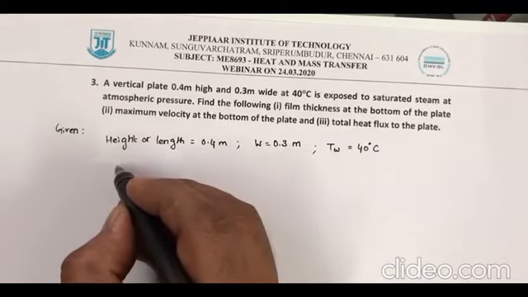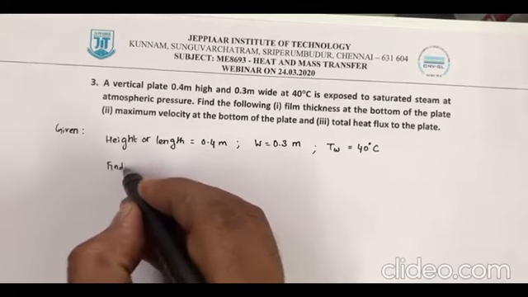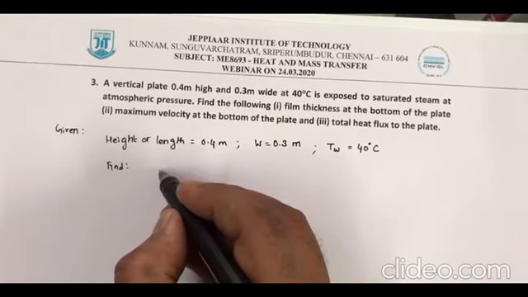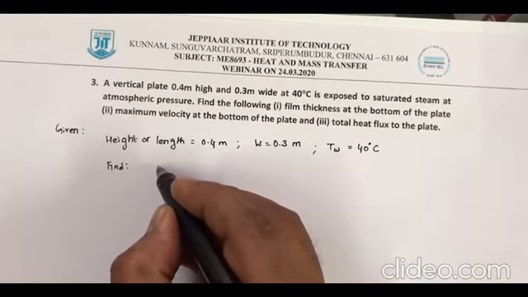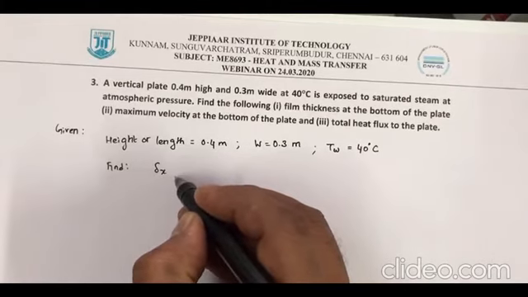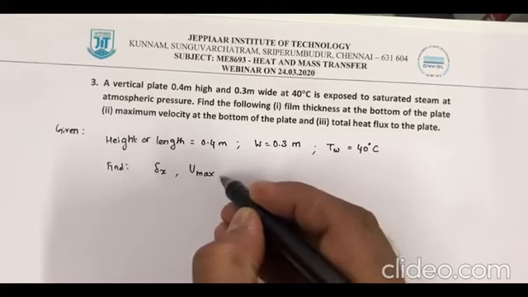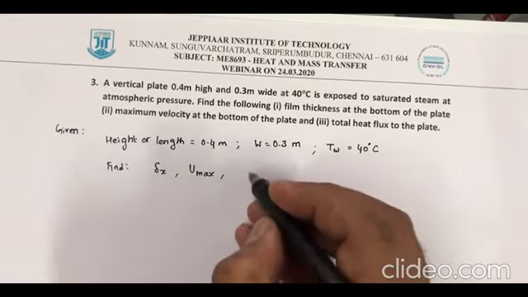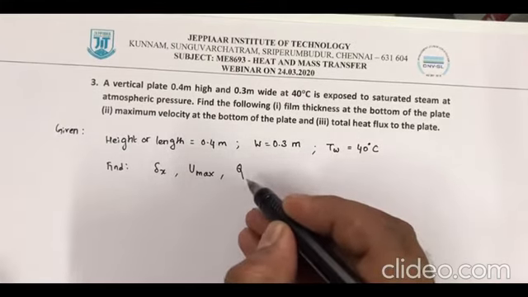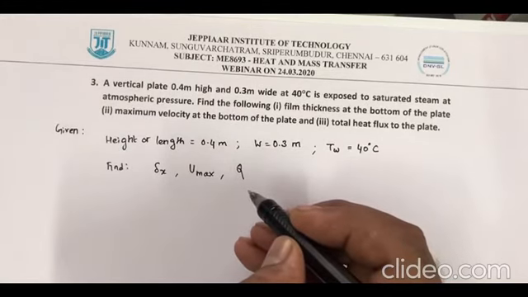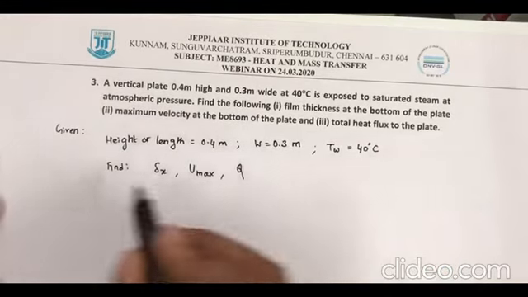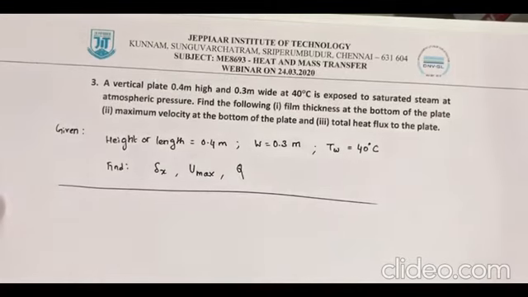What are you going to find? You will be attempting to find the film thickness, the maximum velocity Umax at the bottom of the plate, and the total heat flux Q. So now let's solve this problem.